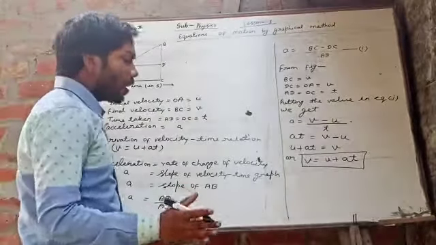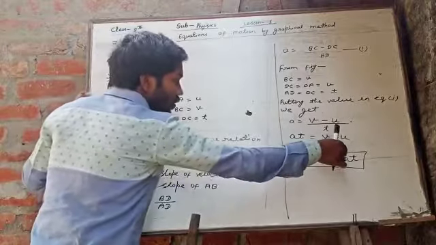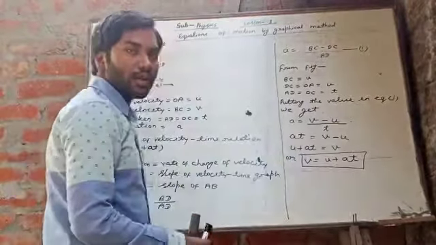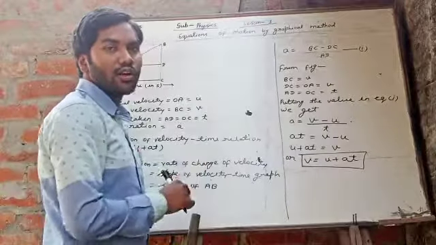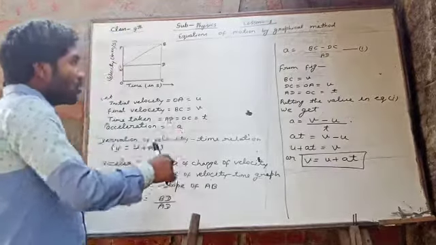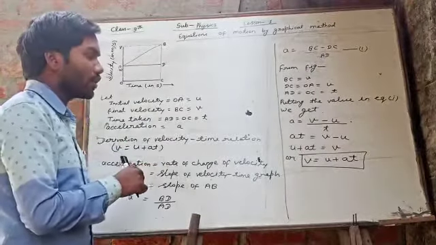So we have found the relation between V, U, A and T, and this equation is the first equation of motion. So this is the derivation of the first equation of motion.